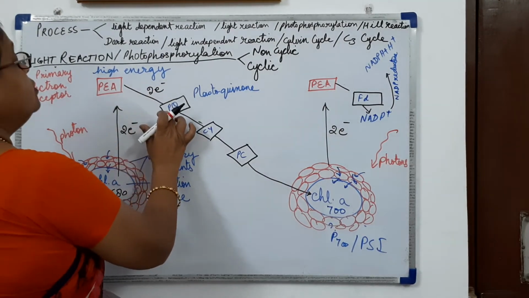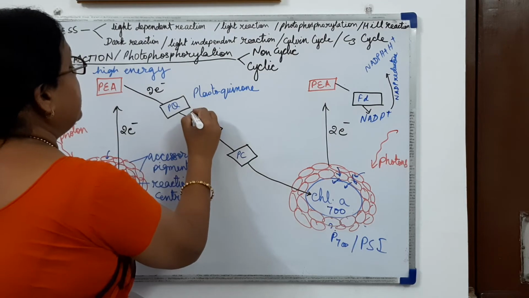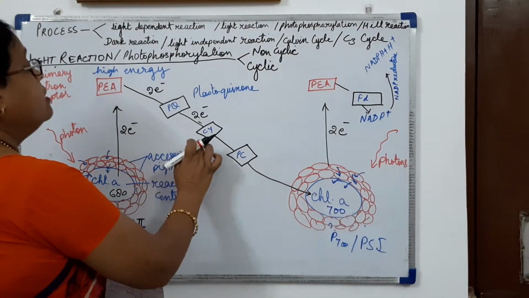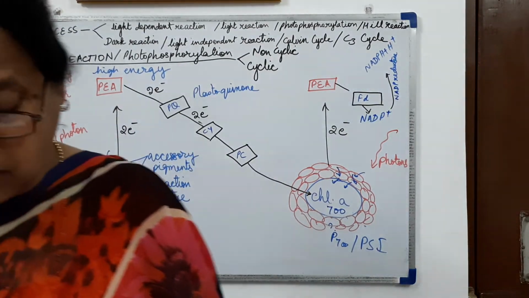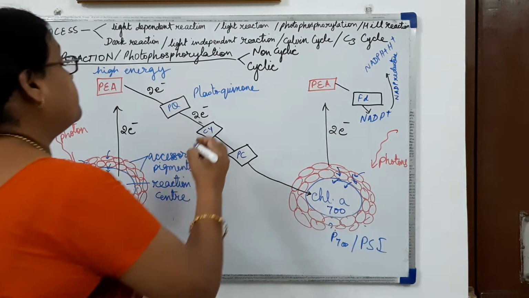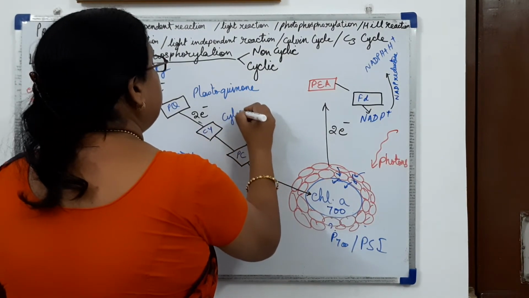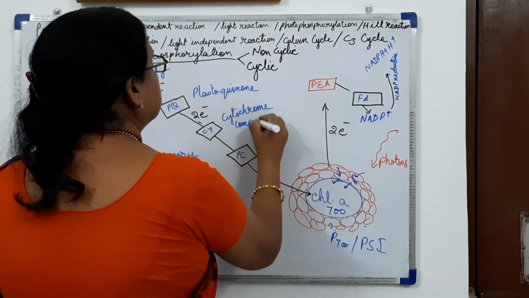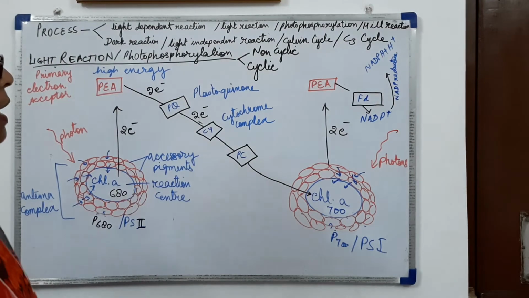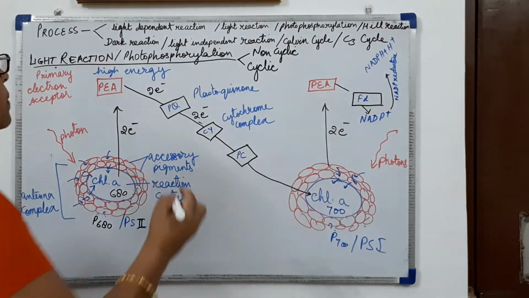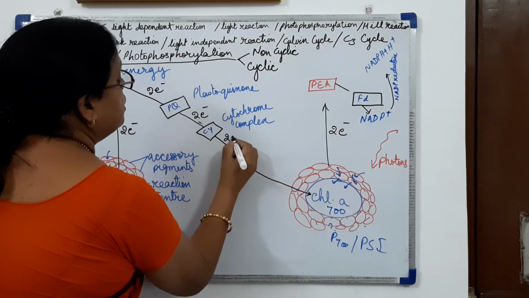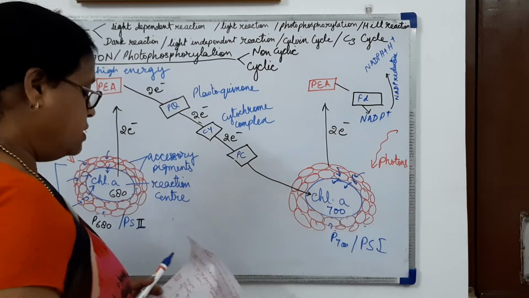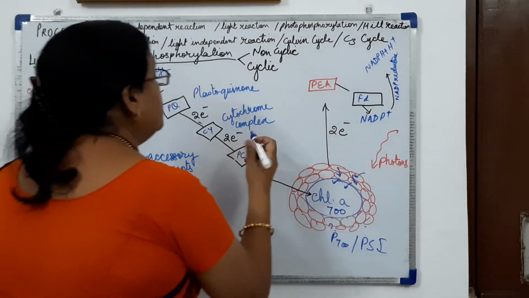Now from plastoquinone, the electrons will be transferred again to the next lower energy level, that is the cytochrome complex. Then from the cytochrome complex, they will be passed on to another lower energy level, that is plastocyanin.